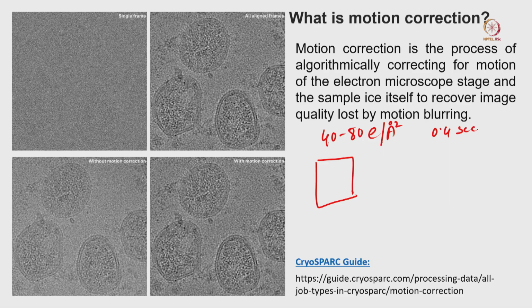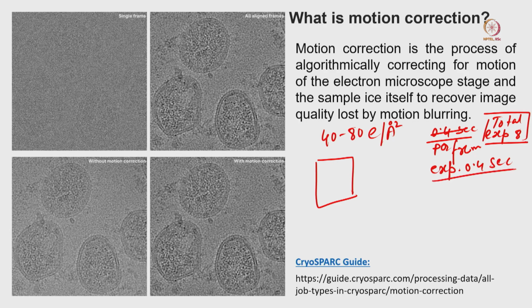So, if we consider the total exposure time as 8 seconds, and the per frame exposure is 0.4 seconds, what is happening? You can consider 8 divided by 0.4, so you will get a total of 20 frames.